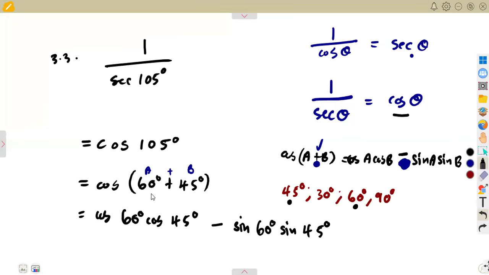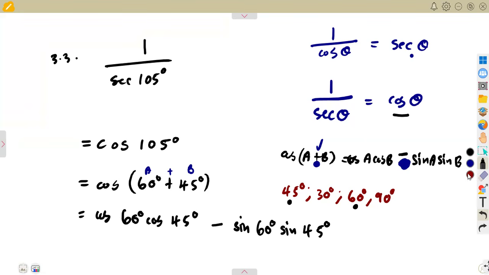Guys, at this stage, this is where I said the application of the special angles is the one that we use. At this stage, you can even use your calculator. They are not going to even know whether you have used a calculator or not.